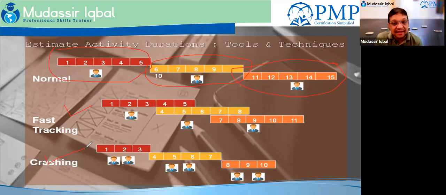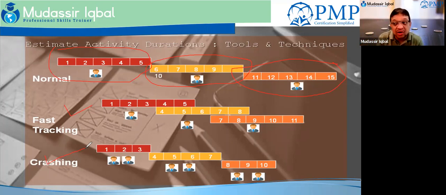So we break that mandatory relationship, and we say, okay, let's do the activities in parallel. What will happen when you do fast tracking? Your risk will go high, because you were supposed to do sequential, but now you are doing parallel. So your risk will go high.